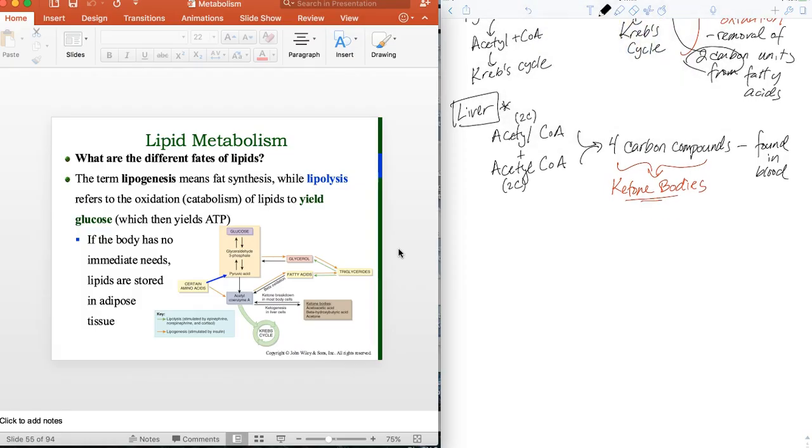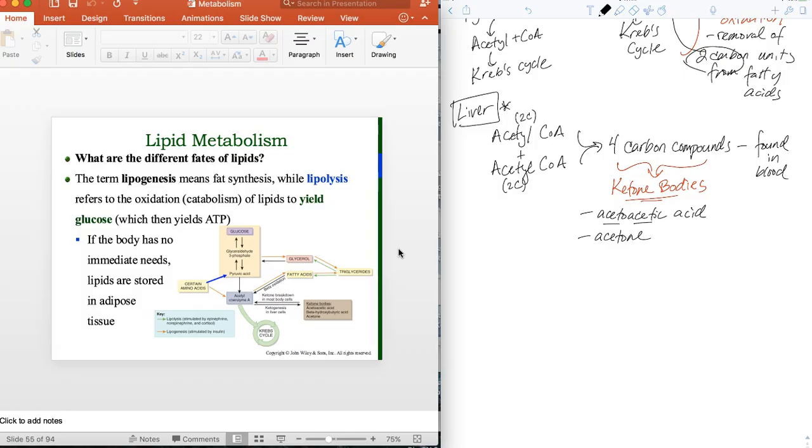Absolutely. Acetoacetic acid. Doesn't that sound like 2 acetyls put together, right? There's another one called acetone. There's a third called beta hydroxybutyric acid.